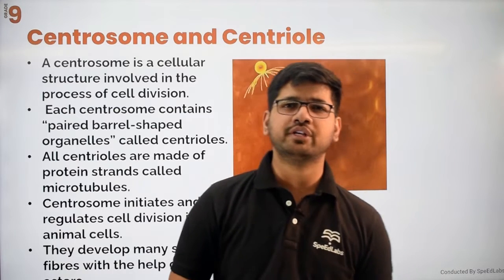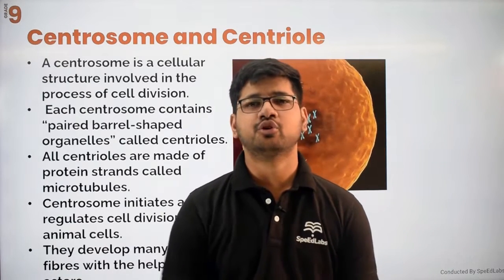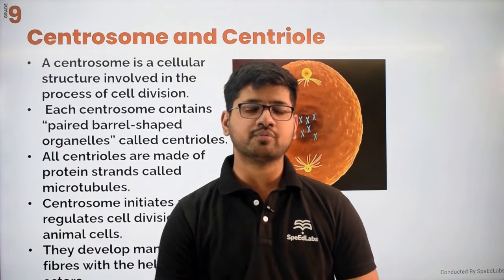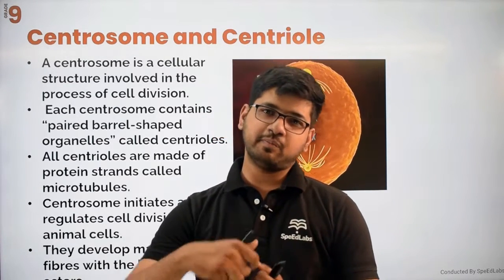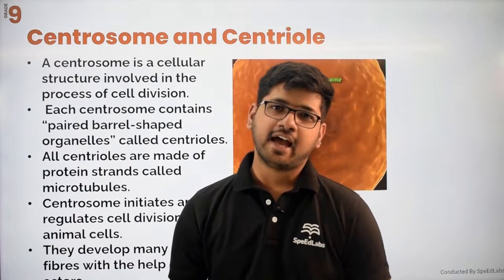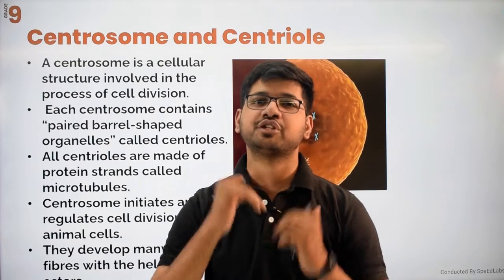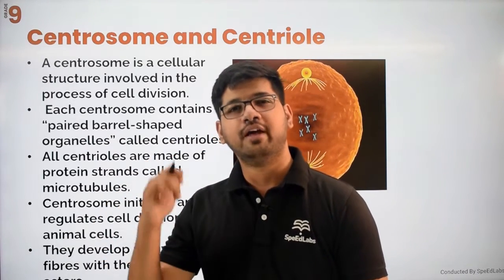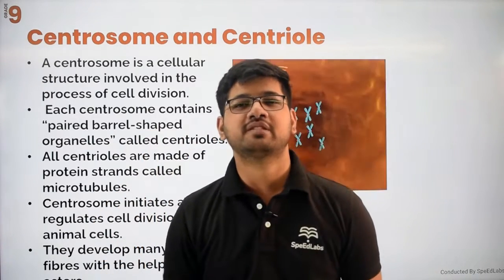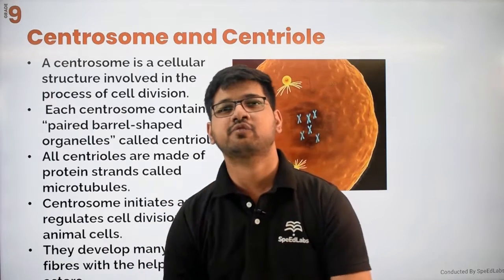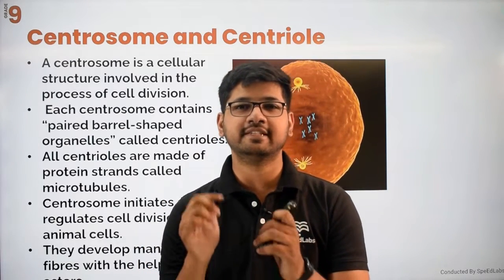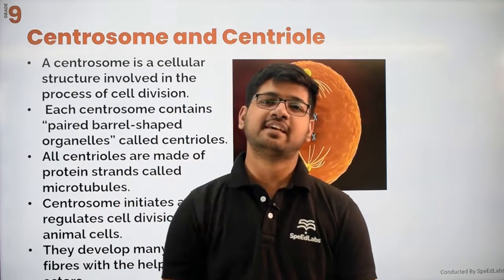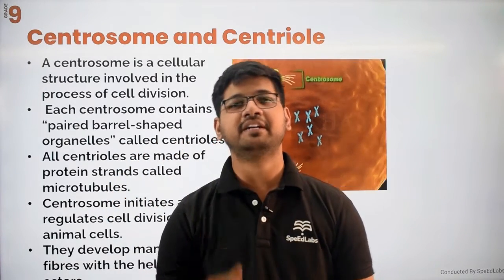What happens during gametogenesis, during the splitting of the gametes or the chromosomes that we spoke about, is that this splitting has to be carried out at the particular stage where the division has to occur. For that purpose, the centrosome and centrioles secrete proteinaceous fibers that hold these chromosomes in such a way that they can be segregated and split up.